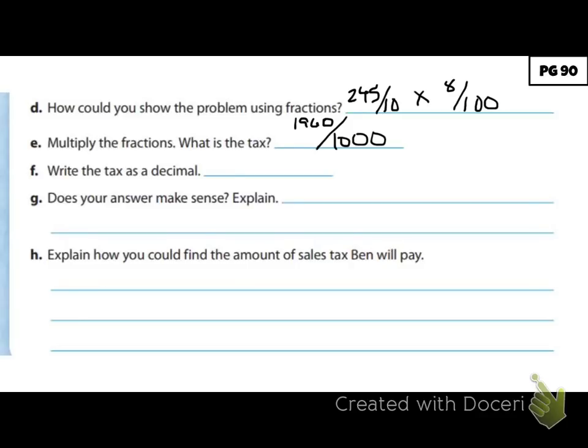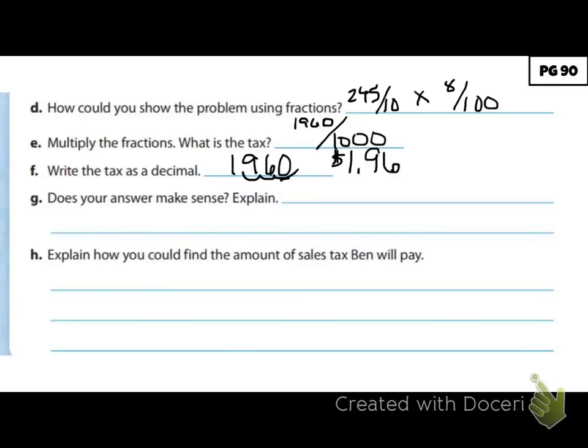So, if I were to move my decimal in 1,960, and I want 3 decimal places, so I'd go 1, 2, 3. It would give me $1.96. Because the zero is just holding that place, it really isn't going to change anything, and we're dealing with money.